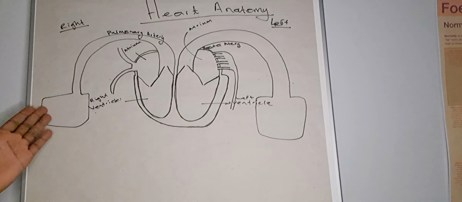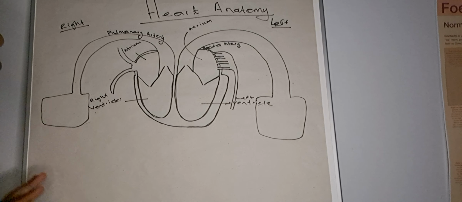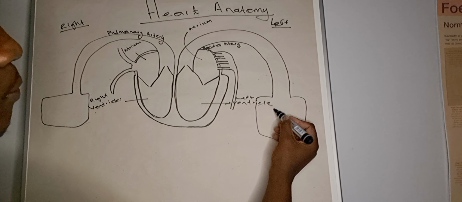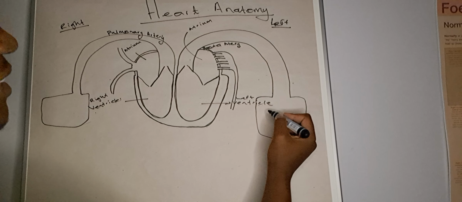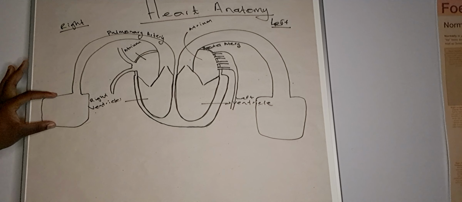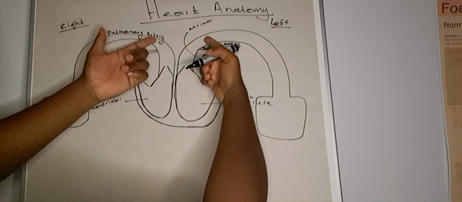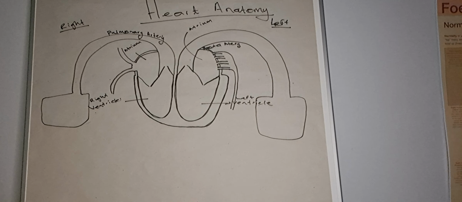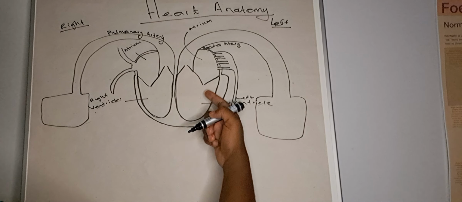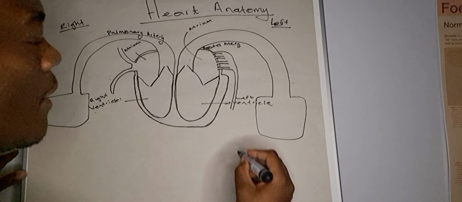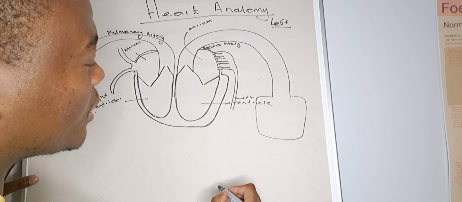This is only the lungs. This pretty much explains the difference between the two arteries, the blood vessels that are draining your ventricles, right?